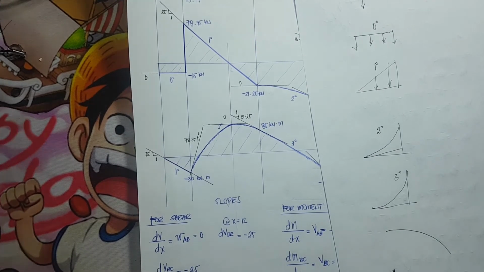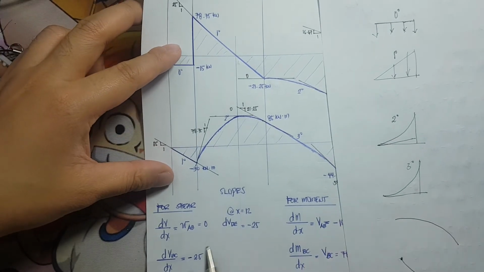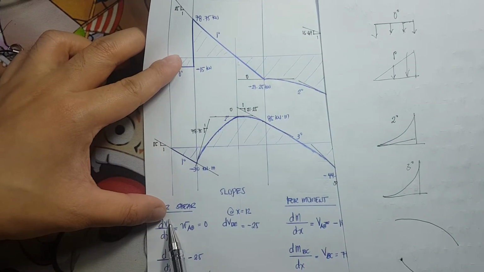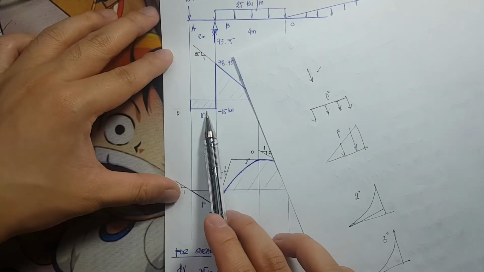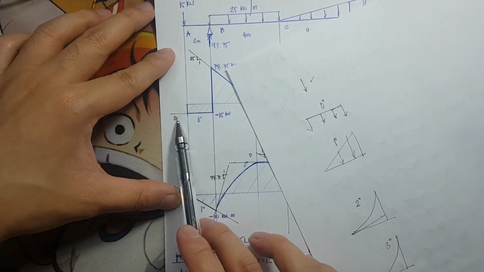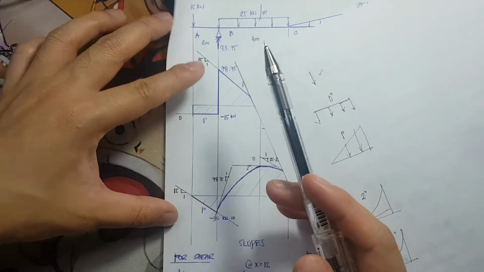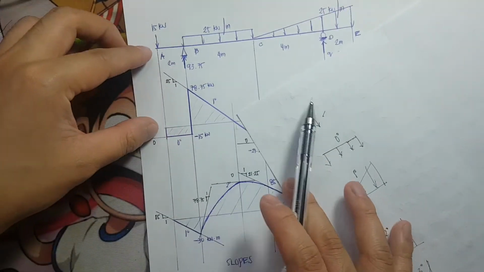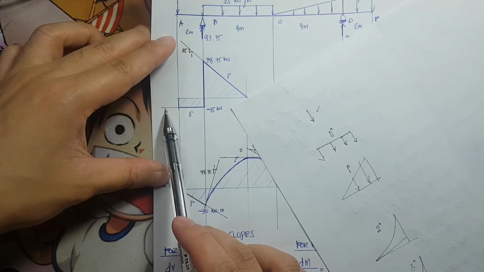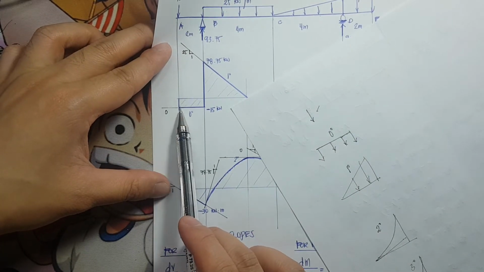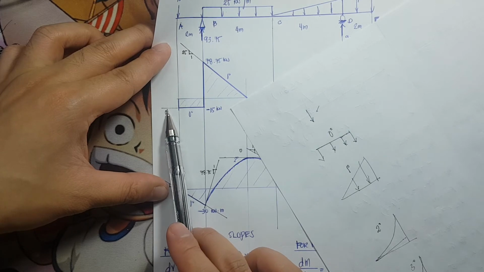Or bumabalik tayo ng isang step. Okay? So, the derivative of the shear is the load. So, ano yung magiging slope dito, it would be the load here. So what is the load between A and B? There is none. There is 0. Therefore, the slope here is 0. That's why it is 0.